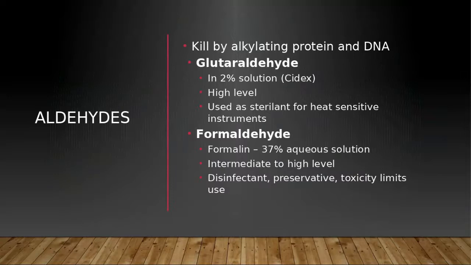The next group is aldehydes. Glutaraldehyde, for example, is a sterilant used for some instruments that cannot be put in the autoclave or the incinerator. Formaldehyde: formalin is the liquid type of formaldehyde.